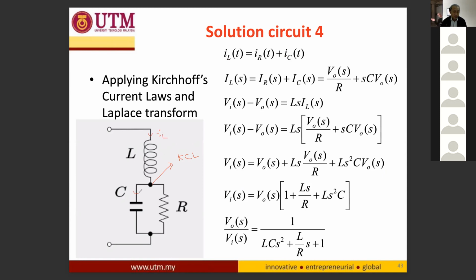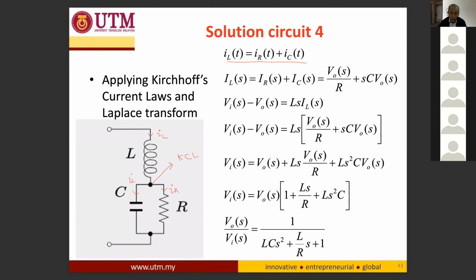This is the IC, part of IL, and this is IR, part of IL, the main current. So we can see that it is the total of IR plus IC for the inductance current. So you take the Laplace transform, IL equal to IR plus IC in the S domain.